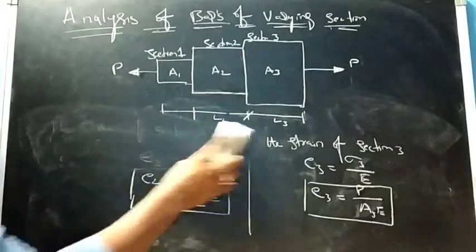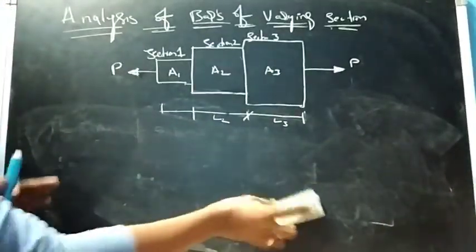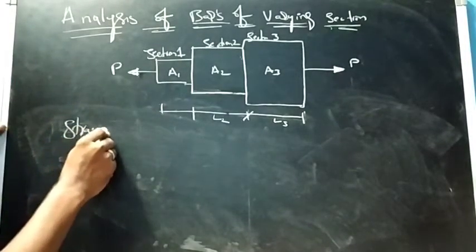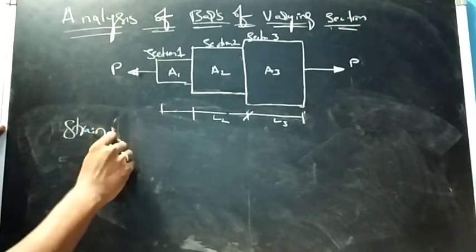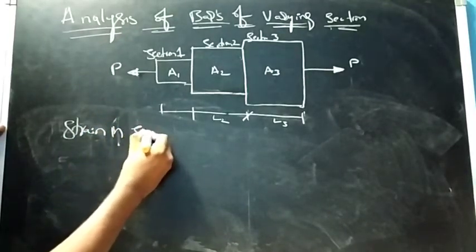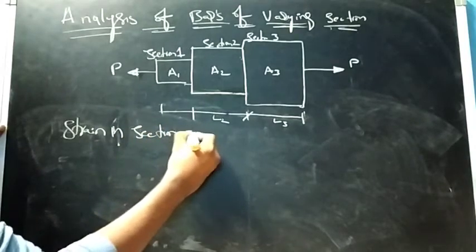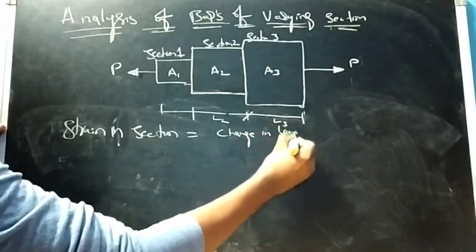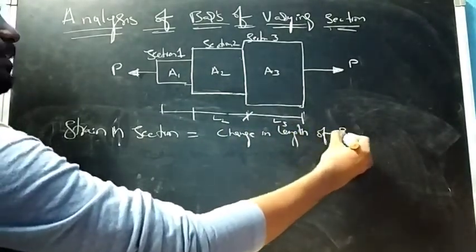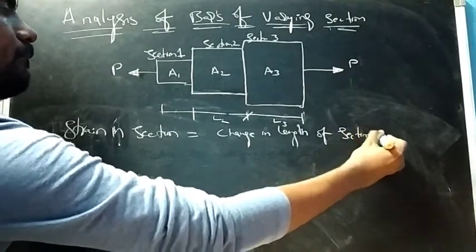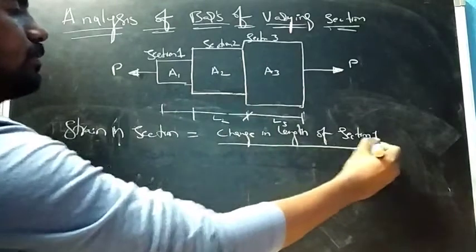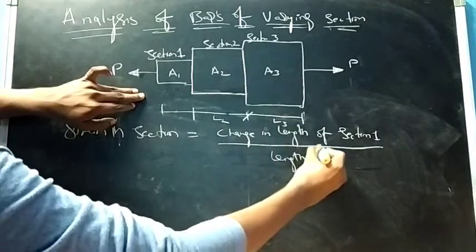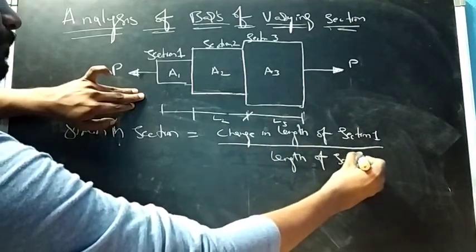Actually we know that the strain is nothing but the change in length by the original length. So now I can write the strain in section 1, that is the change in length of section 1 upon the original length of section 1, that is the actual length of section 1.